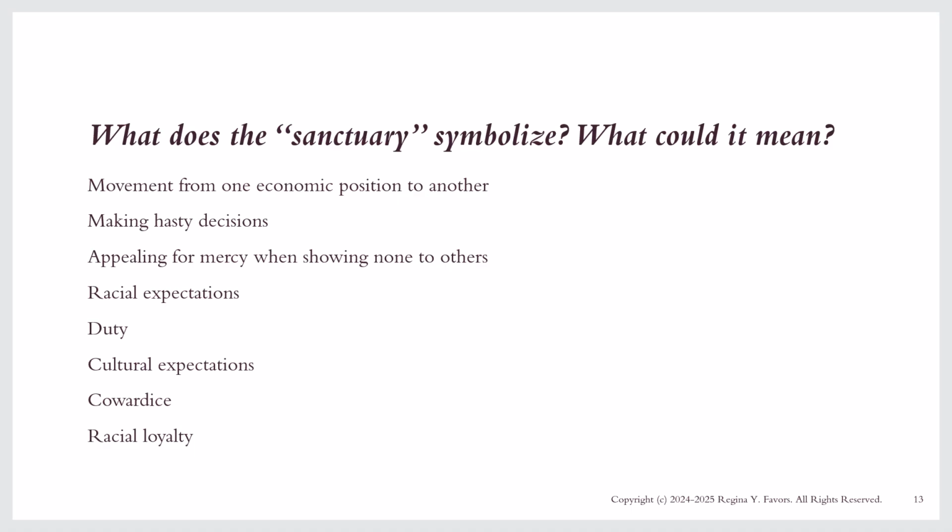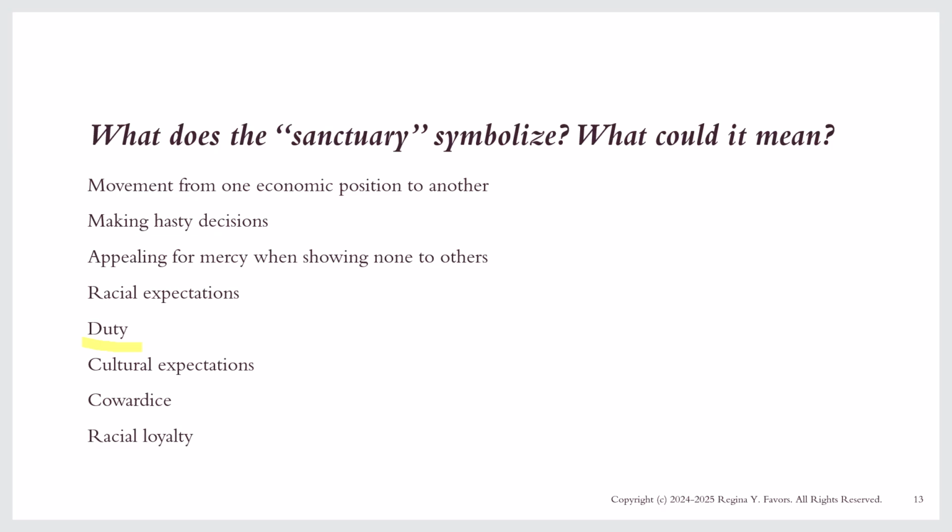So, what does sanctuary symbolize? What could it mean? Movement from one economic position to another, making hasty decisions, appealing for mercy when showing none to others, racial expectations, duty, cultural expectations, cowardice, and then, of course, racial loyalty. I think duty is such a misguided term for people.